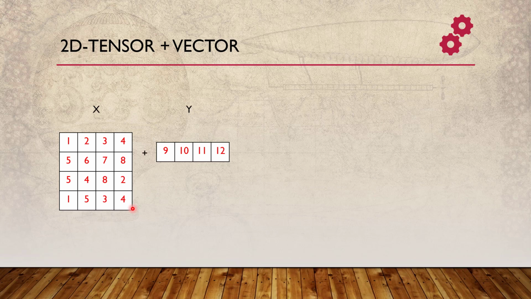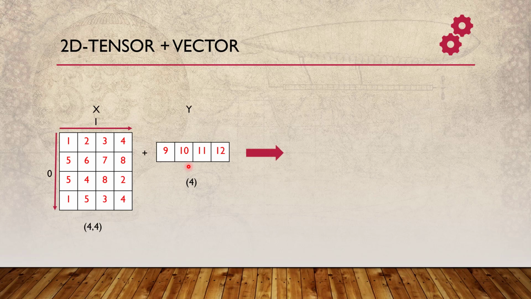I just want to add these two together, and as these two are not the same shape, we need to broadcast. This is 4 by 4 and this is size 4, and for x this is my dimension 1 and this is my dimension 0.